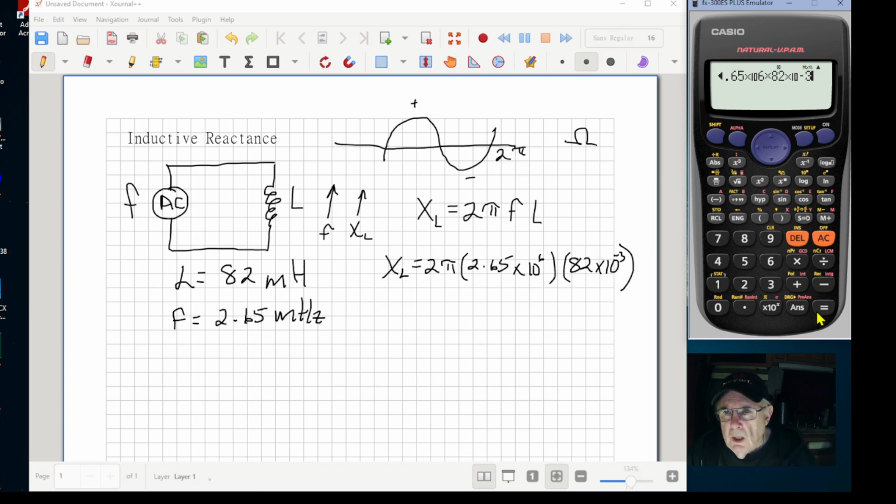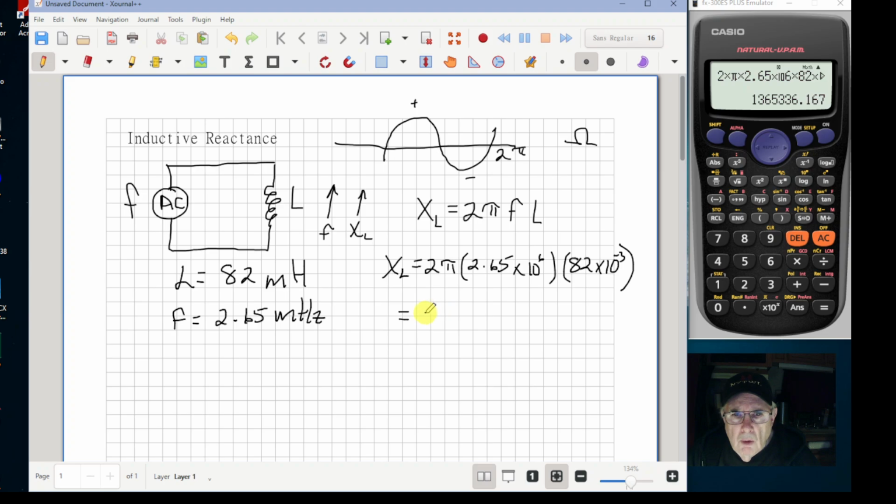Okay, let's press enter, and we get a value then of 1365336, and we won't worry about the decimal point. So that's 1,365,336 ohms, or just rounding it up, that's approximately equal to 1.4 megohms.